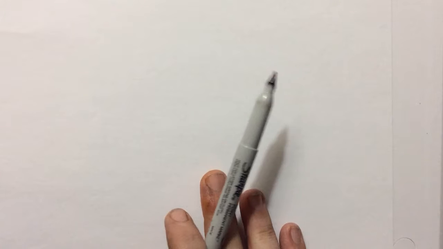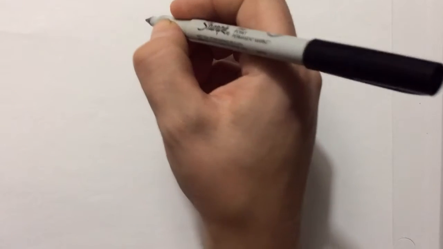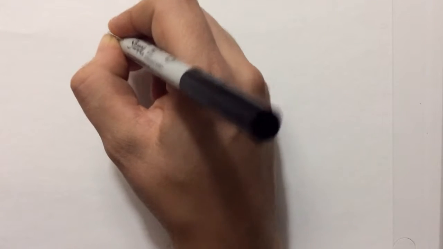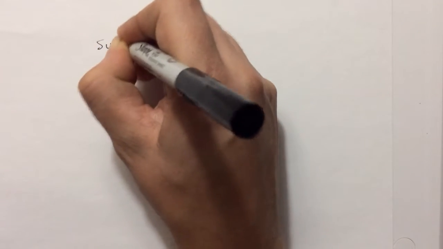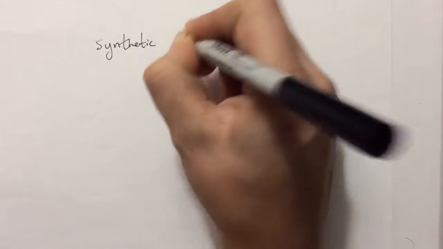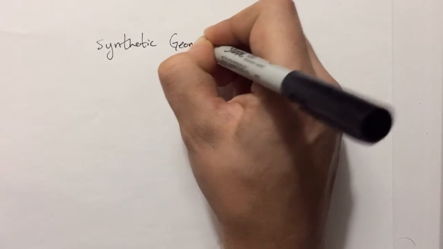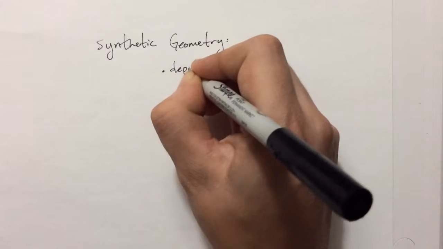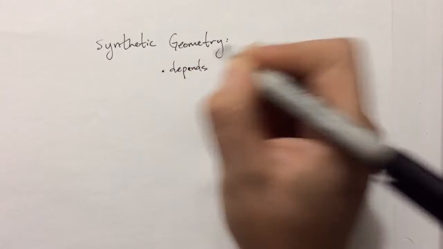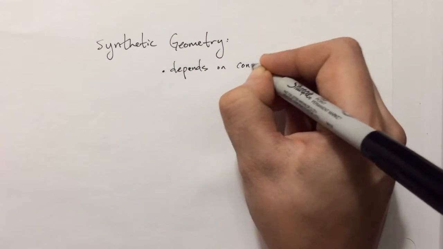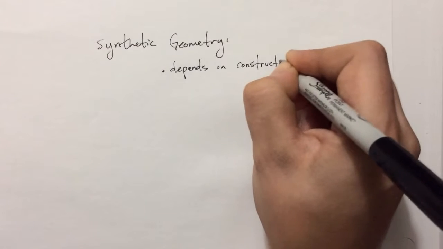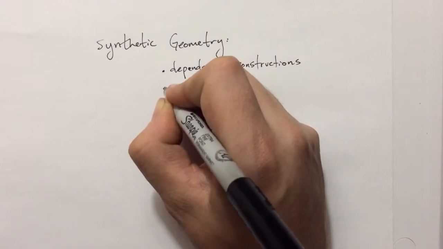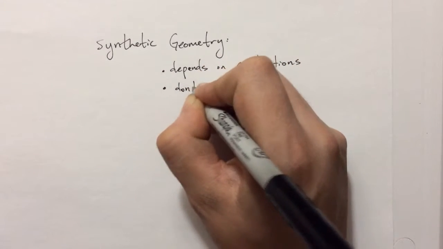They're postulates in our textbook because our textbook, remember, uses mostly synthetic geometry, which is a word that I've used before. Synthetic geometry is geometry that depends on constructions, because individual points don't have coordinates.